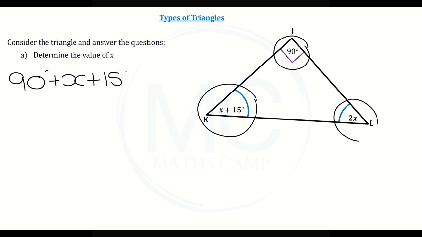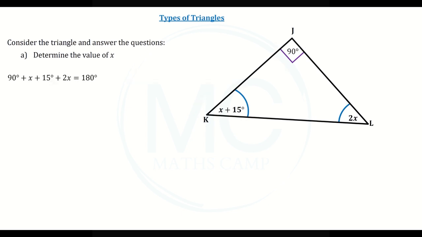Angle L is 2x, so we say plus 2x, and we make this equal to 180 degrees. Now we can add like terms. 90 degrees plus 15 degrees gives us 105 degrees. x plus 2x gives us 3x, so we say plus 3x, which is equal to 180 degrees.